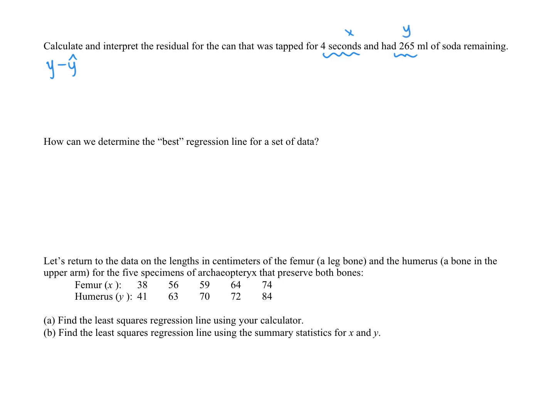It's the actual amount of soda remaining. To find y hat, to find the prediction, we're going to use the least squares regression line, the line of best fit. I'm just going to tell you what y hat ends up being when you substitute in 4. And I will tell you it ends up being 259.12 milliliters.